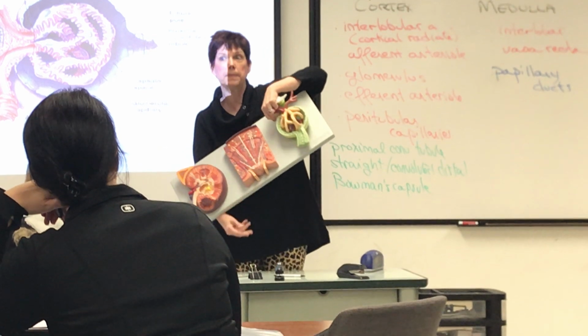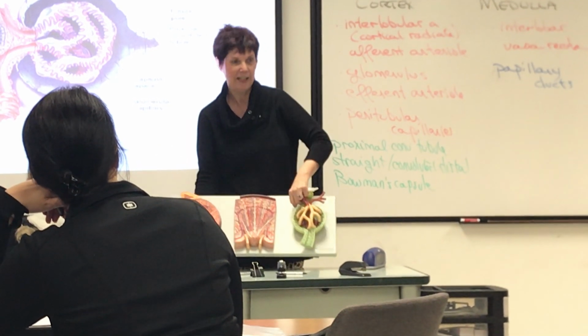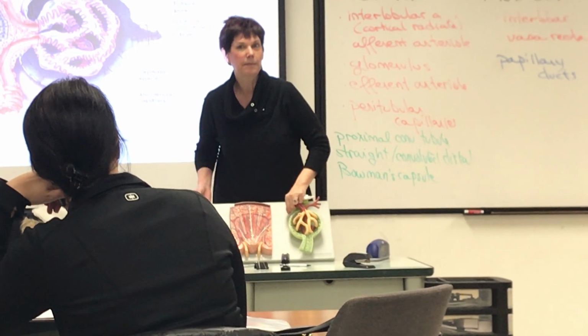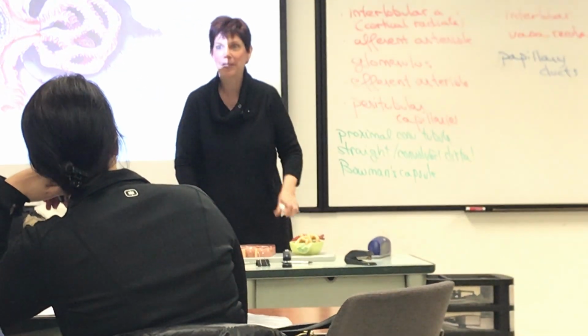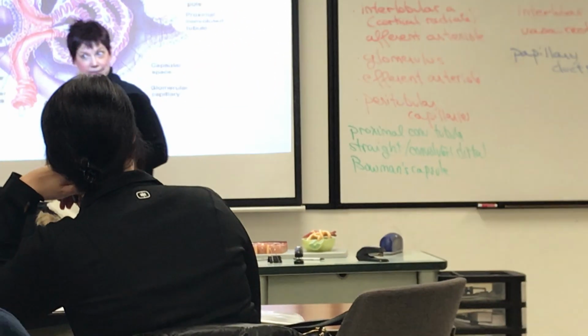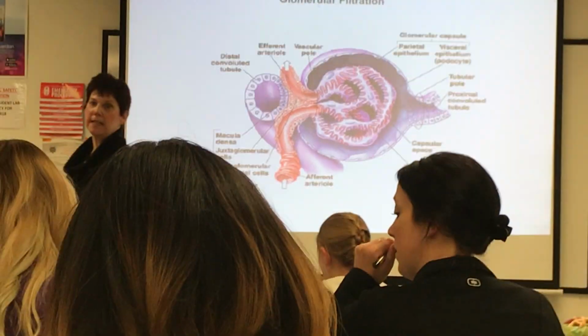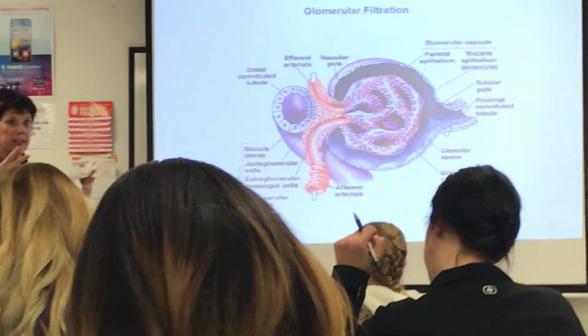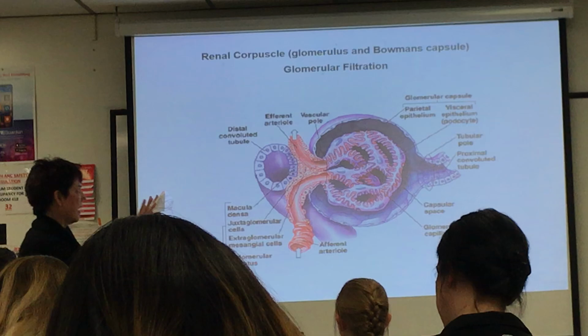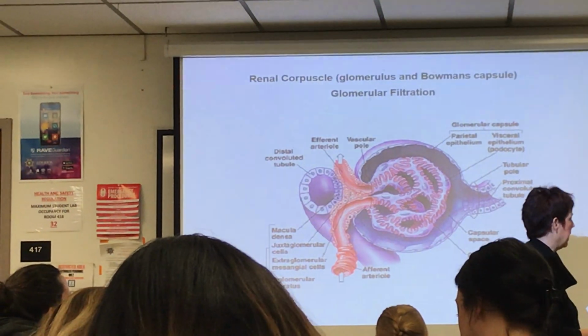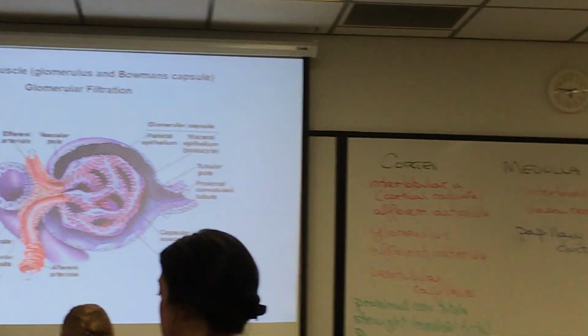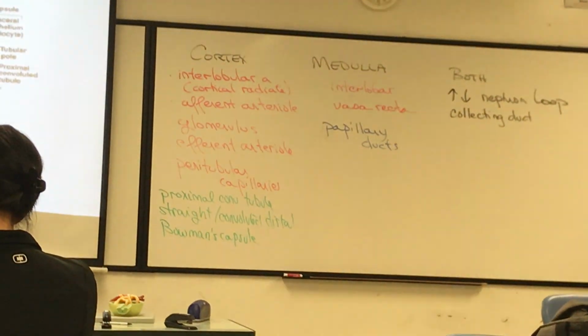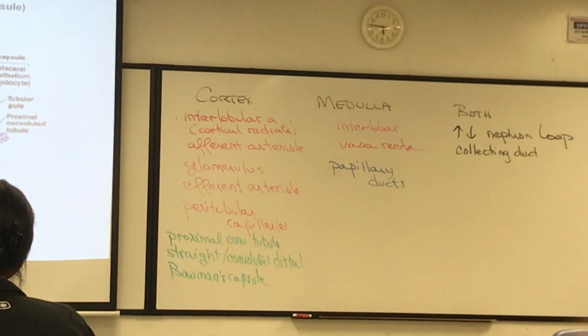So pedometer, pedestal, vertebra, pedestrian. What would that refer to? Foot. Okay, so these are specialized simple squamous epithelial cells that have foot processes that rest on the epithelia. May I erase that board now? And we'll diagram some of these components.